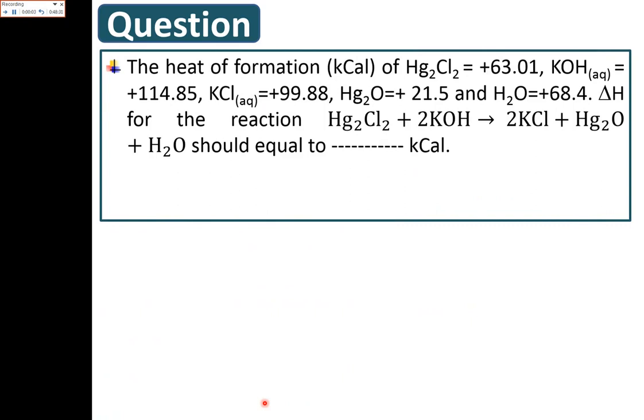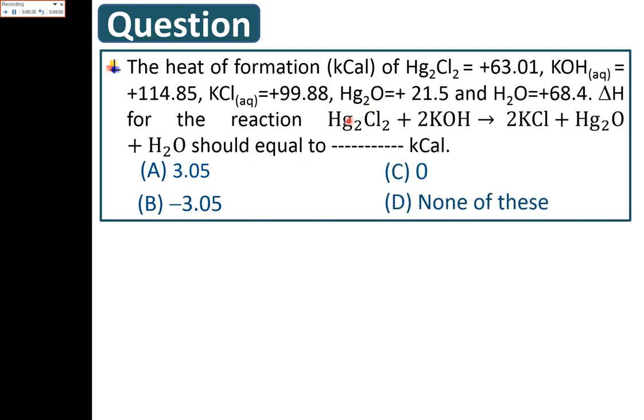The heats of formation in kilocalorie of these compounds, mercury chloride, potassium hydroxide, potassium chloride, mercury oxide, and water, are given in the question, and it is asking now to calculate delta H of this reaction. As I mentioned to you many times, you should first inspect the balancing of the equation. If you look at the balancing of the equation, is it balanced?